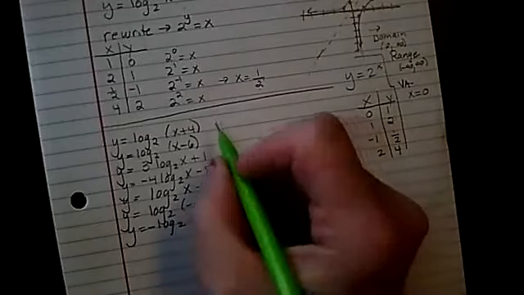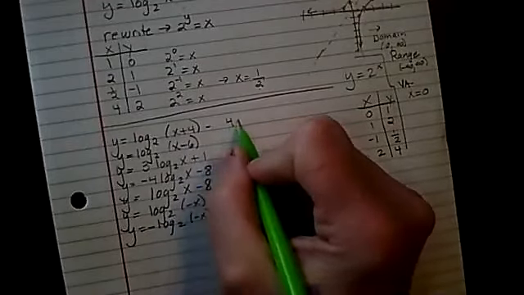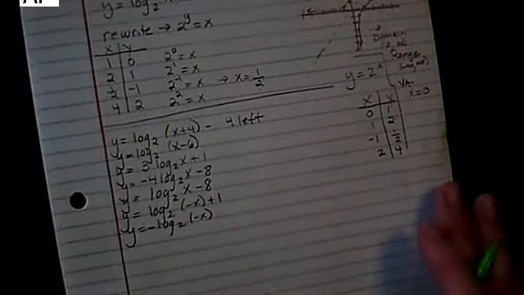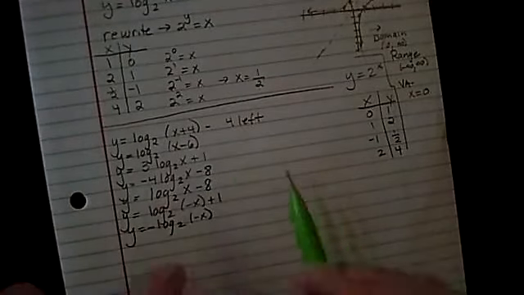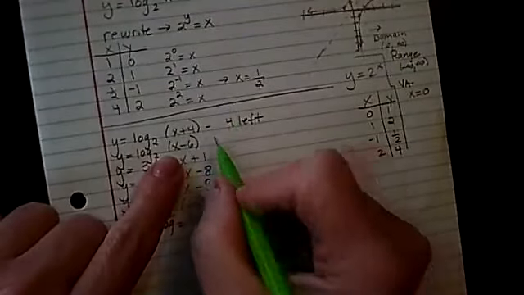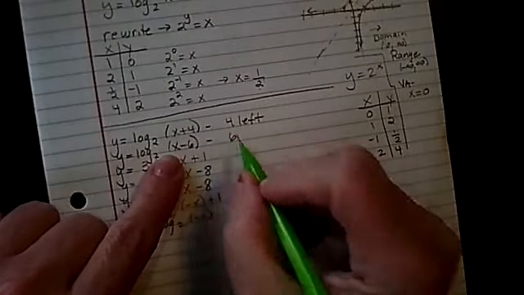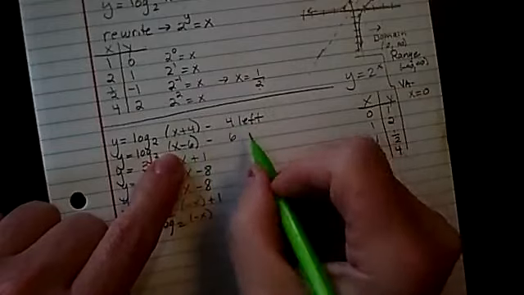I'm just going to do brief notes, 4 to the left, but really mathematical language would be better: a horizontal shift 4 to the left. What's going to shift here? We're going to have a horizontal shift 6, and it's going to go to the right.